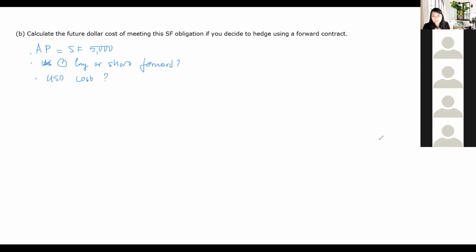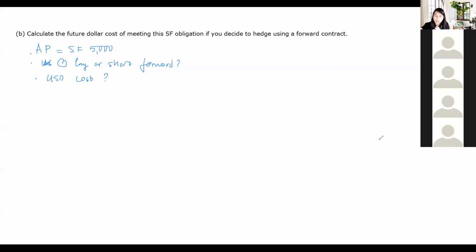So in this problem, we know that in 3 months' time, we're going to have to pay 5,000 Swiss franc to our travel partner. And so we have to make sure that by that time, we have enough USD, because we're US citizens apparently, to be able to convert into 5,000 Swiss franc.